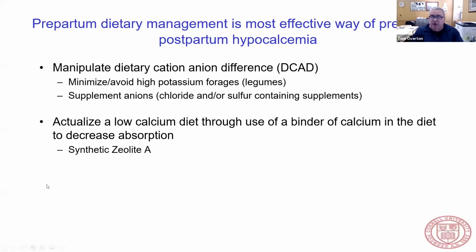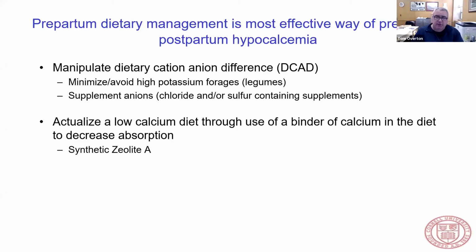The strategy that's been around for a very long time now and is certainly tried and true is to manipulate the dietary cation-anion difference. Okay, so we're talking about minerals in the diet: potassium and sodium as cations, chloride and sulfur as anions. That's why we usually try to eliminate our high-potassium forages, our alfalfas and grasses that have gotten a lot of manure, from at least the close-up diet.